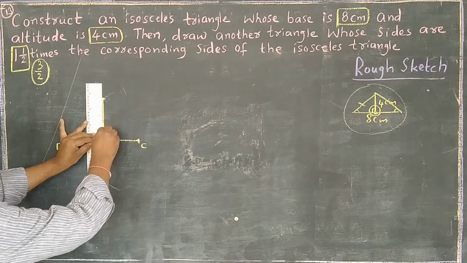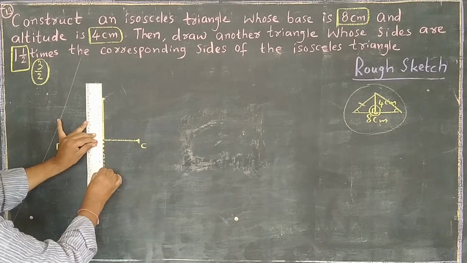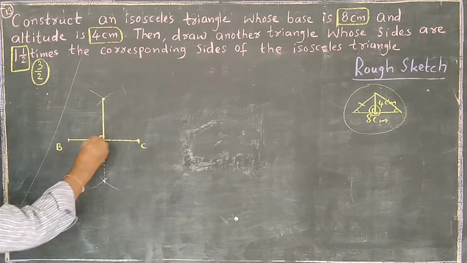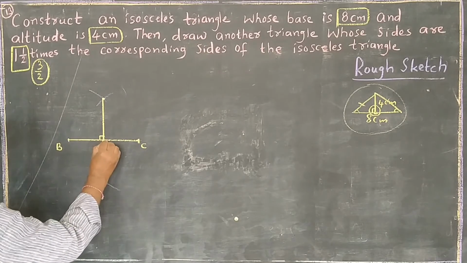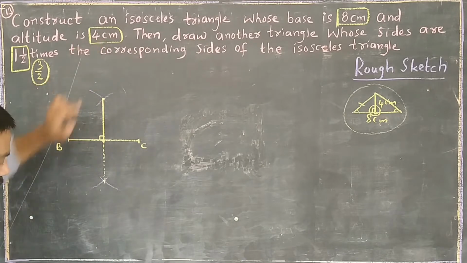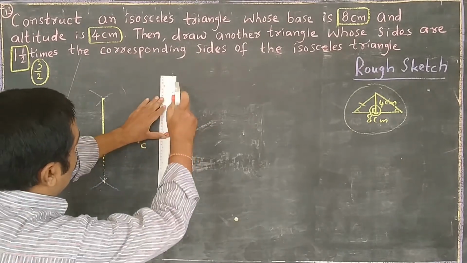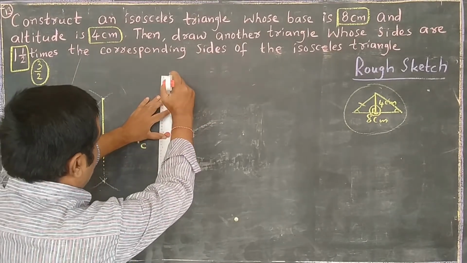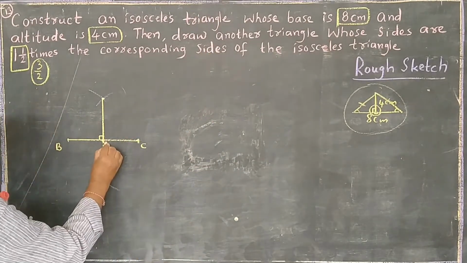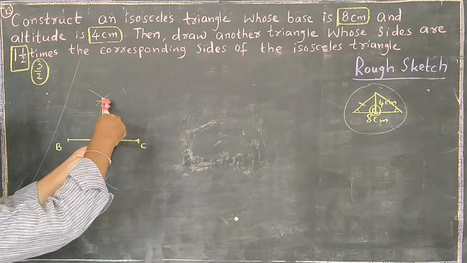Up to here is just helping. This perpendicular bisector gives the midpoint also, but is it 4 centimeters? We need 4 centimeters, so take 4 centimeters from the scale. From D, the midpoint, cut the 4 centimeter length on the bisector.